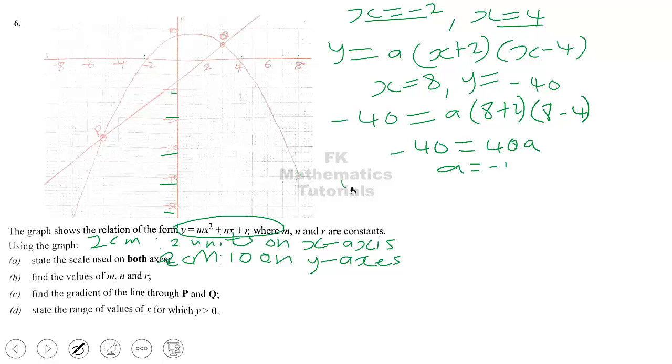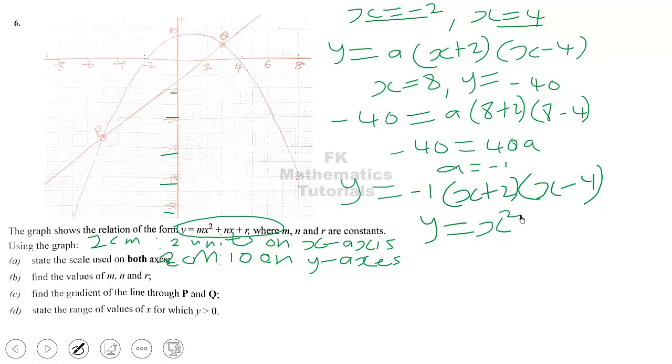So the equation of the curve is y equal -1 into bracket x plus 2 into bracket x minus 4. We expand this to obtain x squared, then minus 4x, then plus 2x, then minus 8.